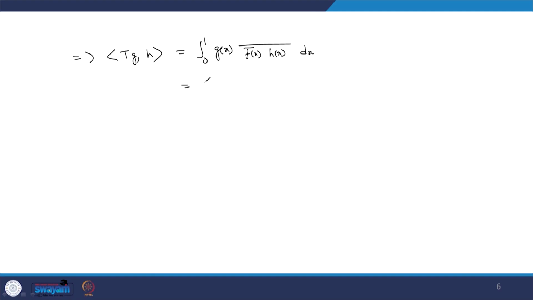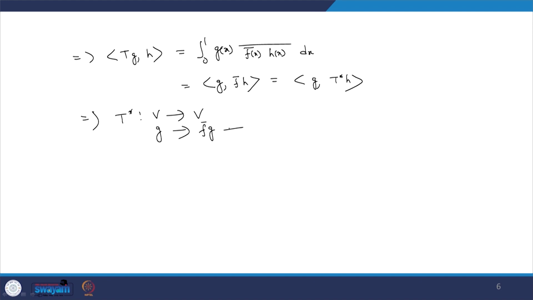So, this is equal to the inner product of g and f bar H, according to the definition of the inner product. This has to be equal to the inner product of g and T star H. So, this implies T star defined on V maps g to f bar g. This is the definition.